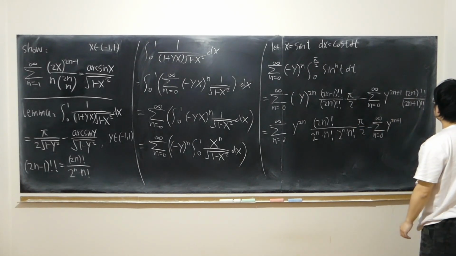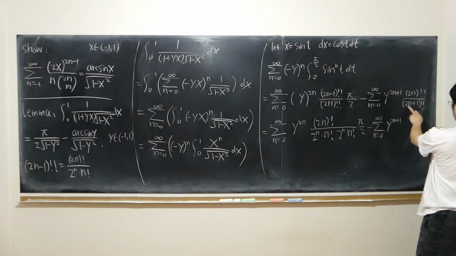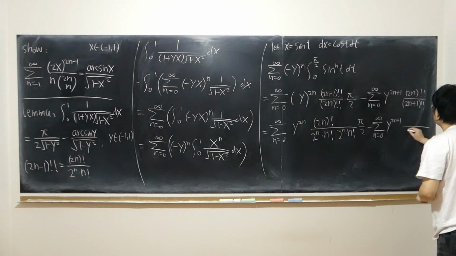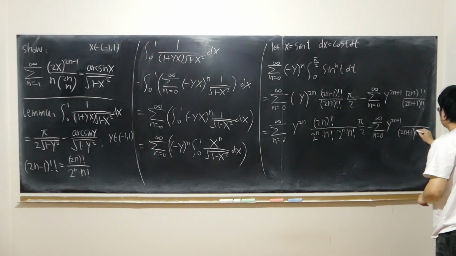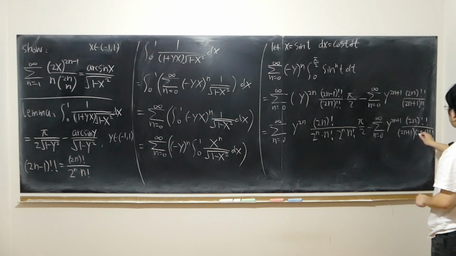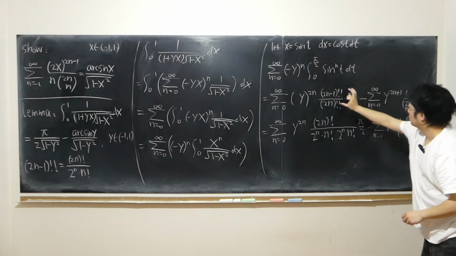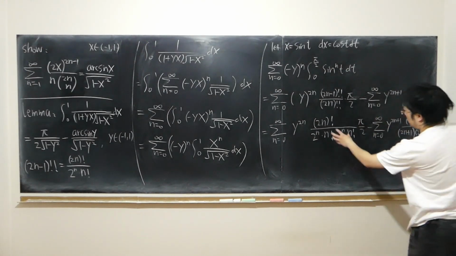But here I just rewrite it, because like I said, 2n plus 1 can be taken out. I'm left with just, by definition, 2n minus 1 double factorial over 2n double factorial. Now when you take out this term, this over that should be the reciprocal of just that.